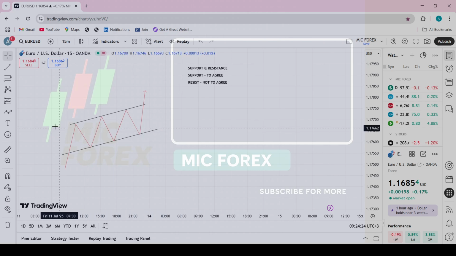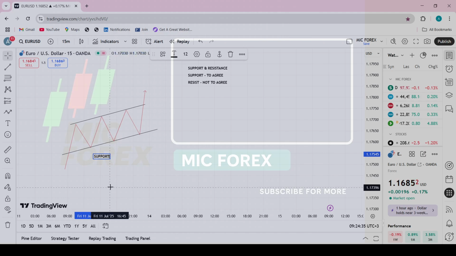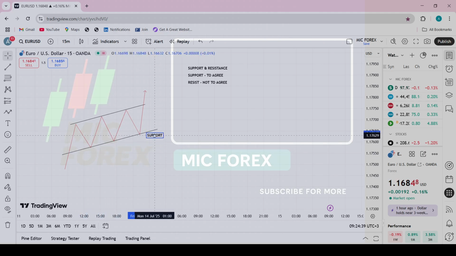And so this concept says that at some point market makers have set some levels that they don't want the price to go below. They don't want the price to dip below this point, and that is what they call a support.